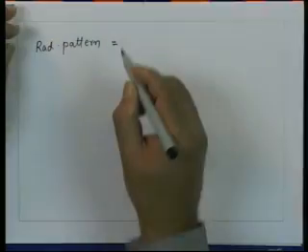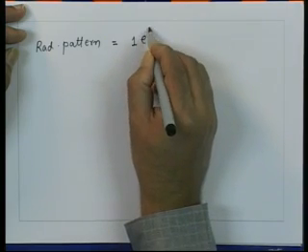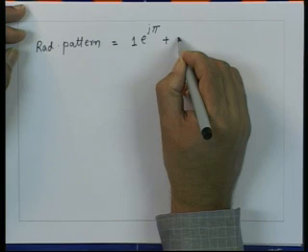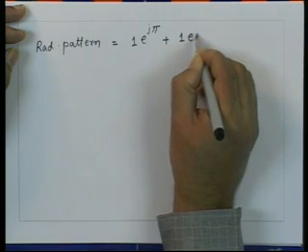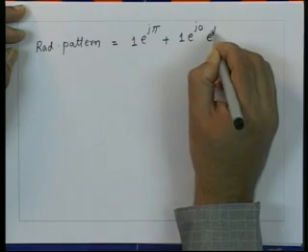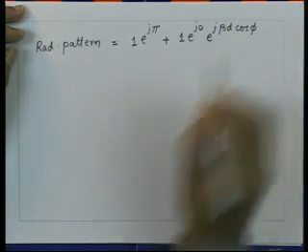So, we can get from here 1 e to the power j pi, the current plus angle 1 e to the power j 0 e to the power j beta d cosine of phi.